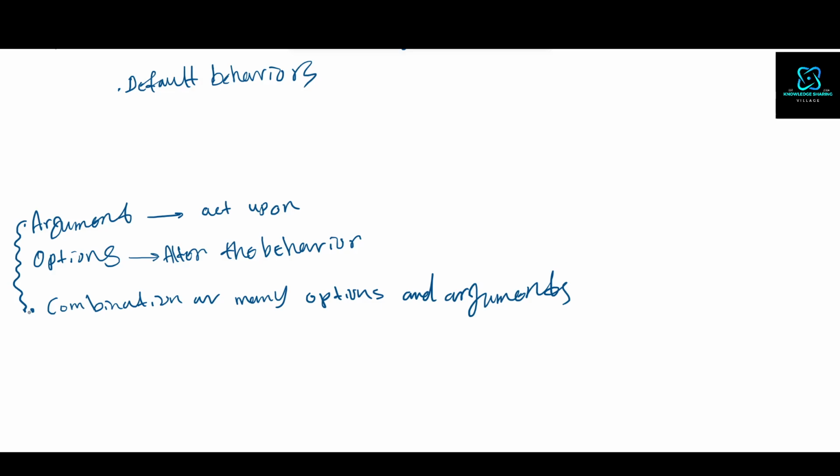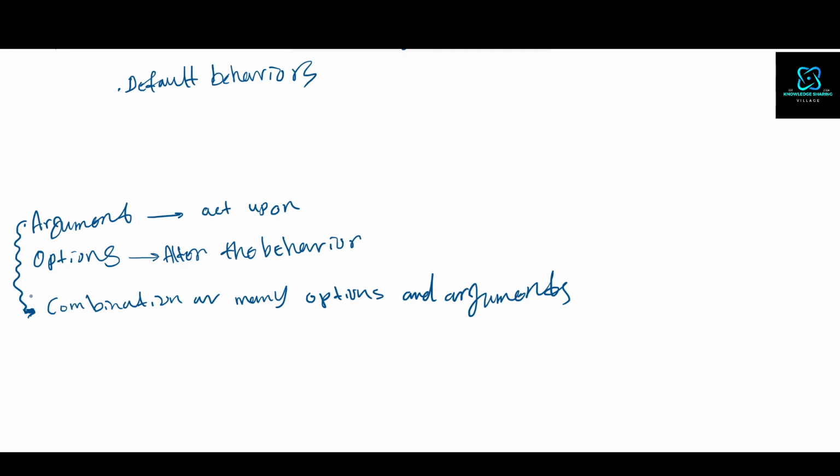But you should also keep in mind that you can use a combination of many options and arguments at the same time, and which combination and how many of them you can use depends on the developer of that command. This we should keep in mind.